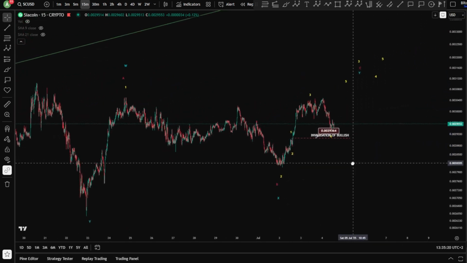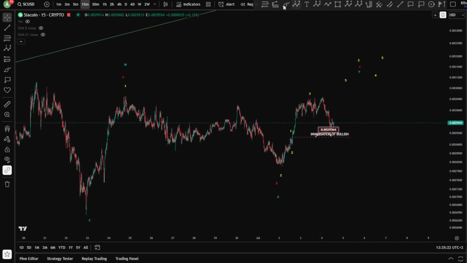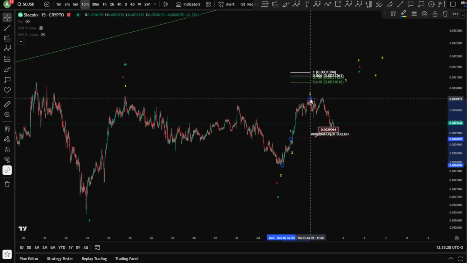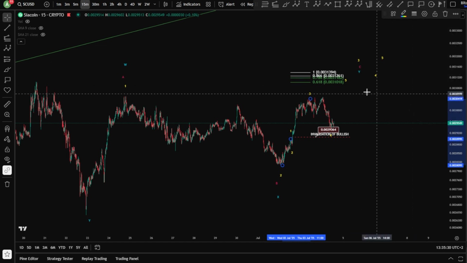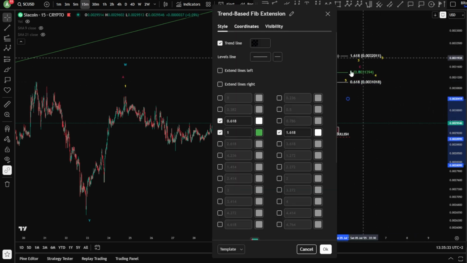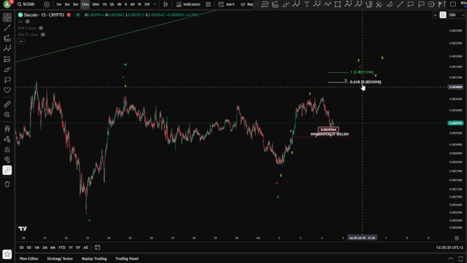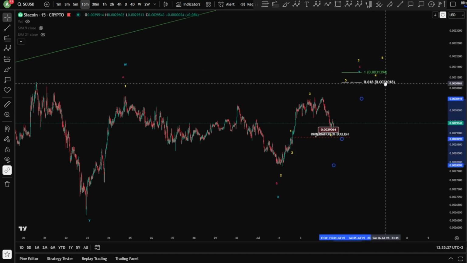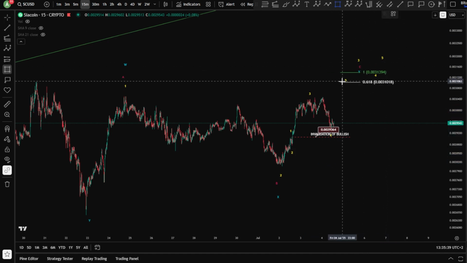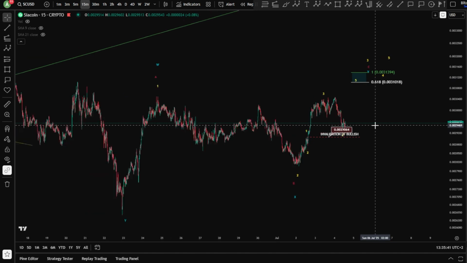So basically this is for Siacoin. The target for wave 5 might be the following. If you take it from the zone 1 to wave 3, we have wave 5 over 3, here we go, over 1. Those are the numbers that you would like to see as a target for Siacoin.